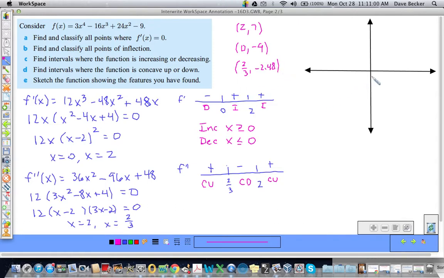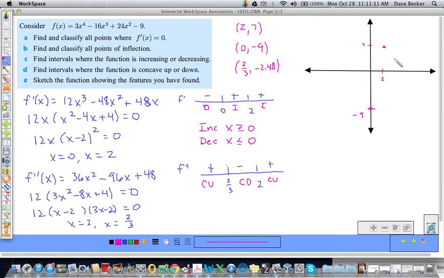So let's plot those points. Let's see, (2, 7). Let's make this 7, and 2. That's right here. And (0, negative 9), we'll put about here. So we have a point here. And what else do we have? We have (2/3, negative 2.48). I'm going to put this 2 a little bit further out there.